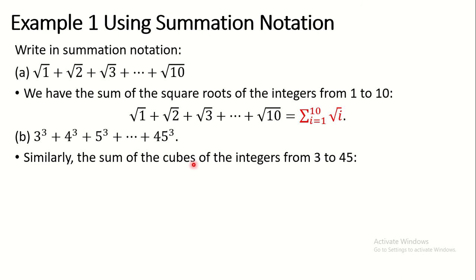So the sum of the cubes of integers from 3 to 45. If we're going to write that in summation notation, we have the summation of i cubed. So these terms are written in the form i cubed, where i is equal to 3. Nag-start tayo sa 3 up to 45.